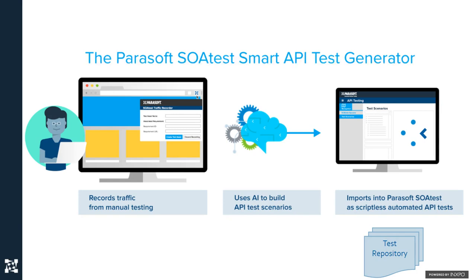So we said to ourselves, okay, we've got all of this data in this test repository. How can we extract that data and use it? So we introduced the ability to train the brain.